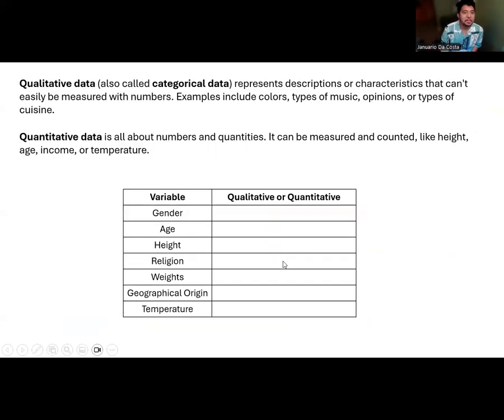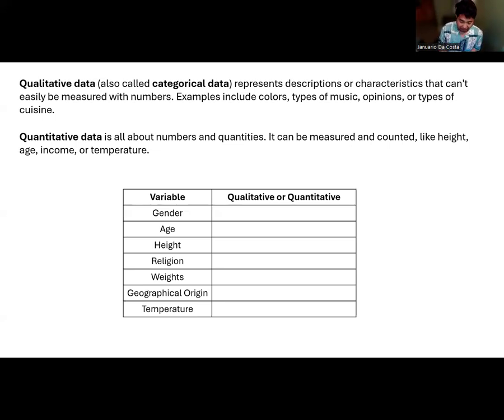Okay, the definition: qualitative data, also called categorical data, represents descriptions or characteristics that can't easily be measured with numbers. Examples include color, for example.